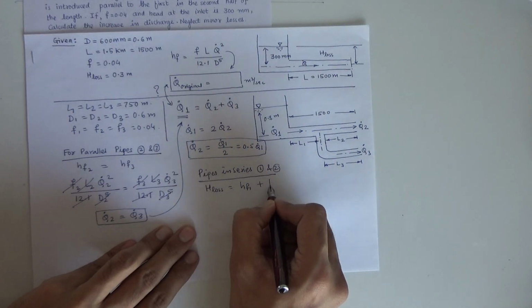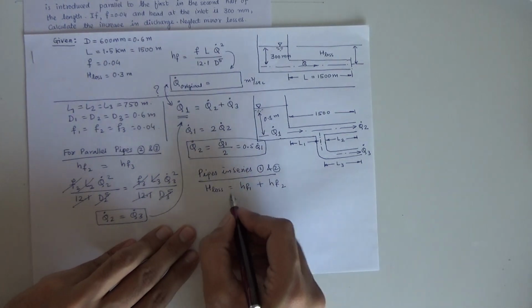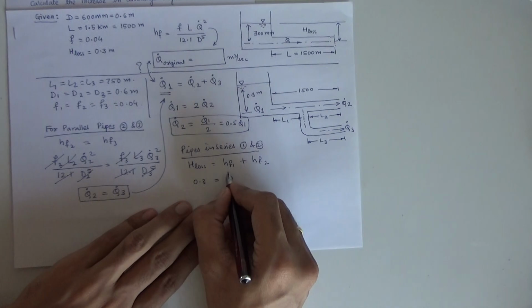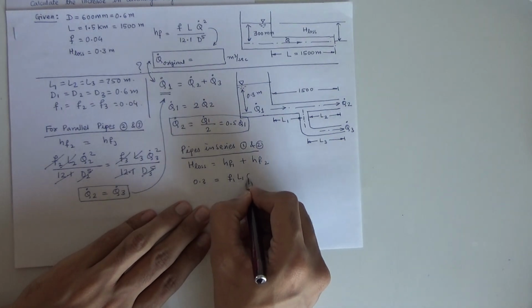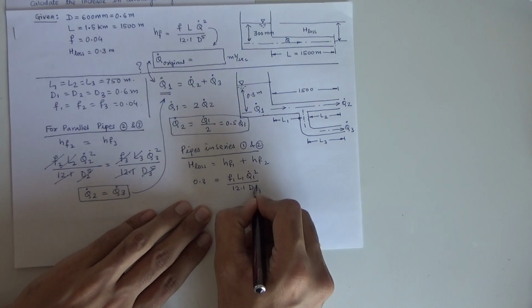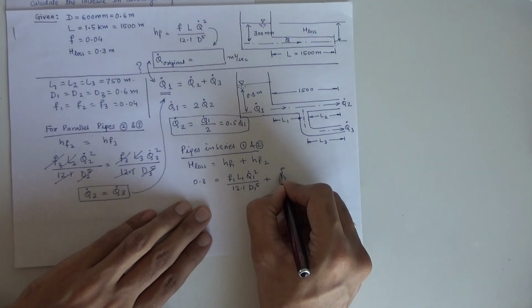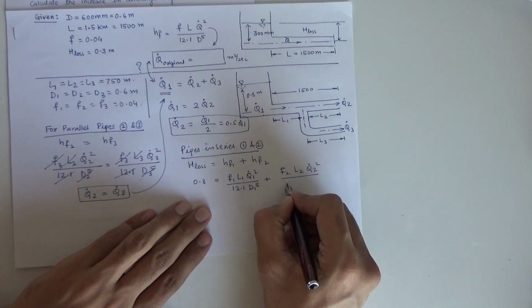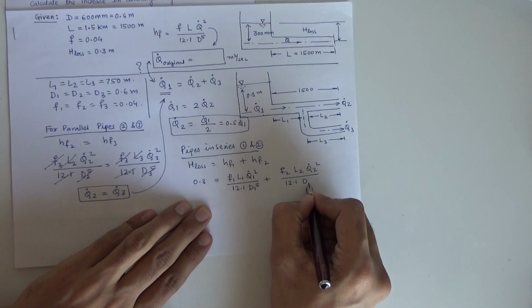I can write down that as 0.3 meter, which is, HF1 is what now? It is F1 L1 discharge 1 square upon 12.1 D1 raised to 5 plus F2 L2 discharge 2 square upon 12.1 D2 raised to 5.